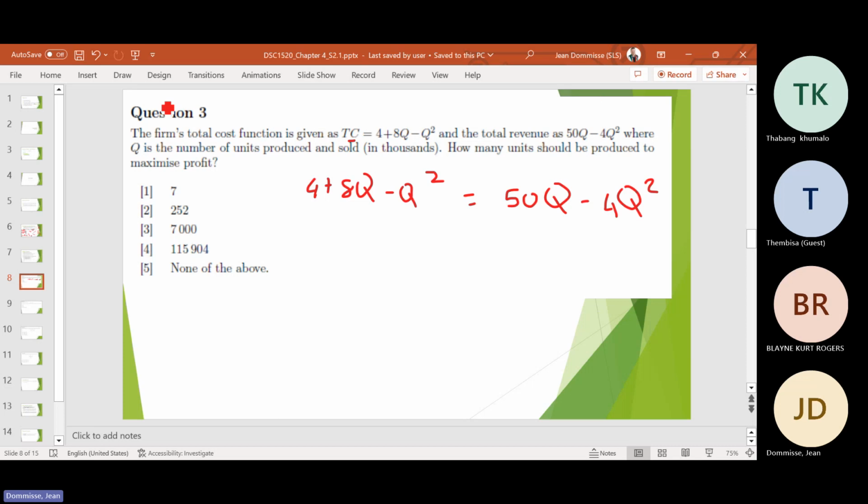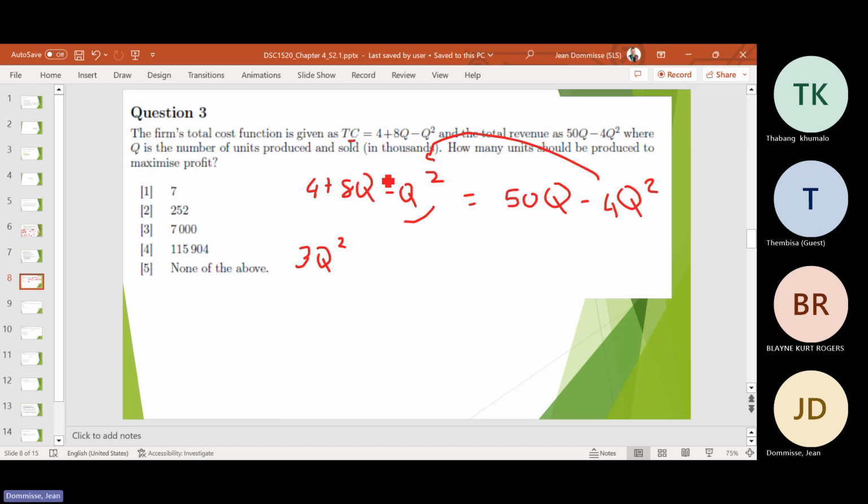Okay, so here we have q to the power of 2. I want to make that positive, so I'll take it over to that side. Then it becomes 3q to the power of 2.